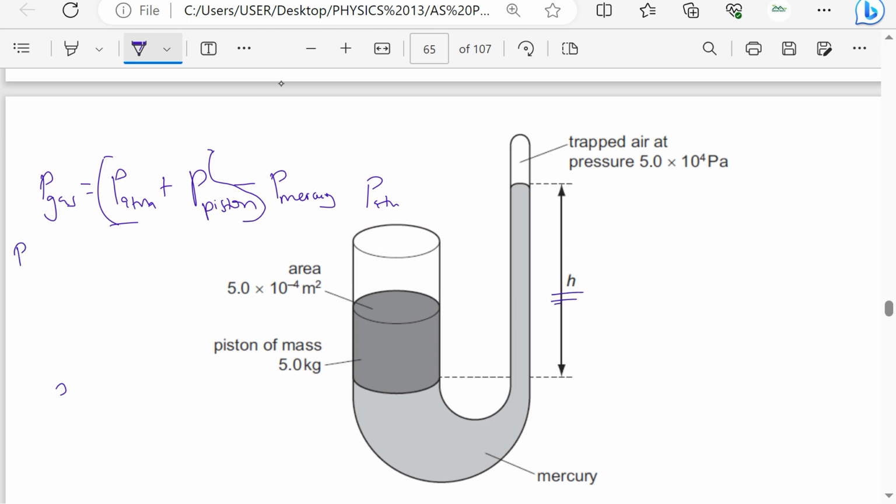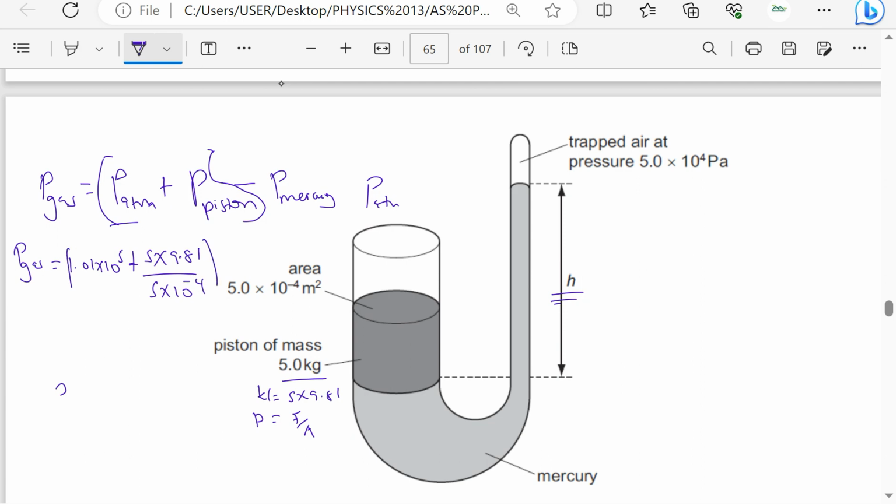By an amount which is due to the pressure of this height h. So the pressure of the gas is going to be the atmospheric pressure, which is 1.01 times 10 power 5, plus the pressure of the piston. The piston has a mass of 5 kilograms, so the weight is 5 times 9.81. The pressure of the piston is the force over the area, so plus 5 times 9.81 divided by the area, which is 5 times 10 power minus 4.